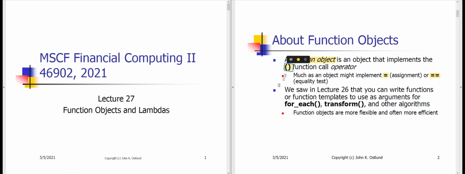Turns out we can also define the function call operator. And if we create a class that supports the function call operator, then any object of that class can be used as a function. And in particular, it can be used in algorithms like for each or transform or various other algorithms.